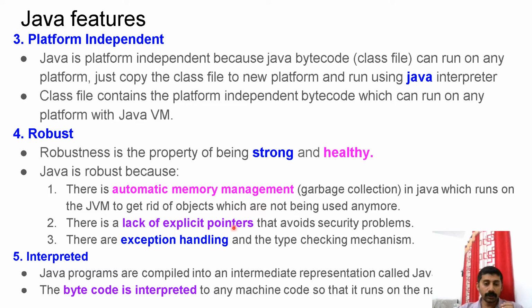So that is also adding to the stability. Another thing is exception handling. Java supports a very detailed and proper exception handling mechanism and type checking mechanism. So even in the case of an exception, your program can manage that gracefully. Due to these three features, Java programs are very robust compared to C++ programs.